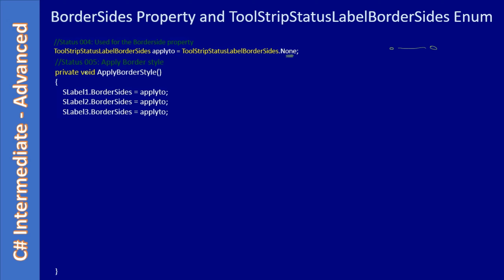Next, we define a user defined function, apply border style. So here, this apply to is a member variable. We take this member variable, then we access our status slats border side property. We are doing this for all 3 status labels. Then we are assigning this apply to enumeration to this border sides.